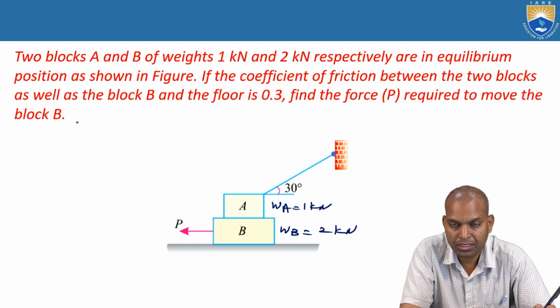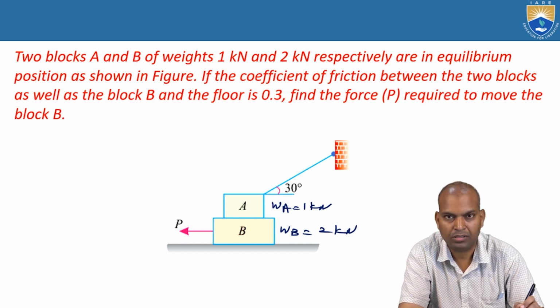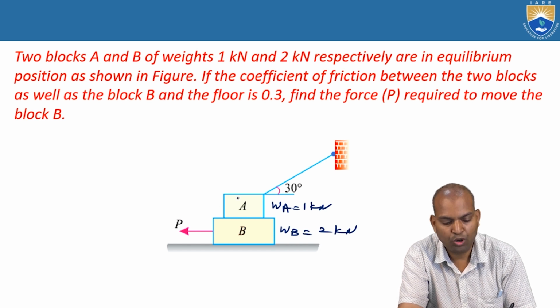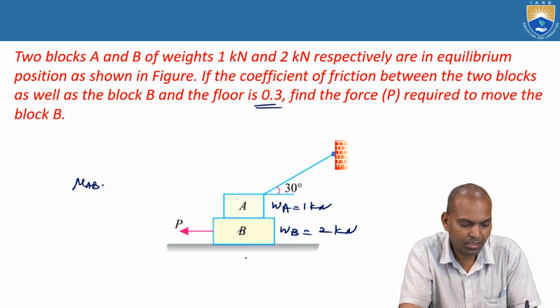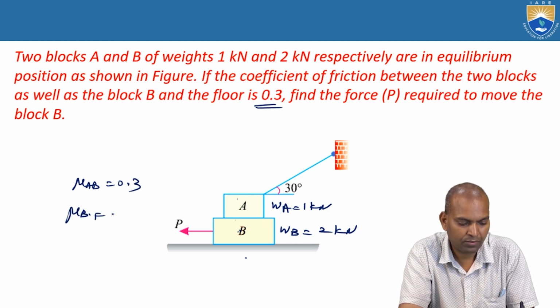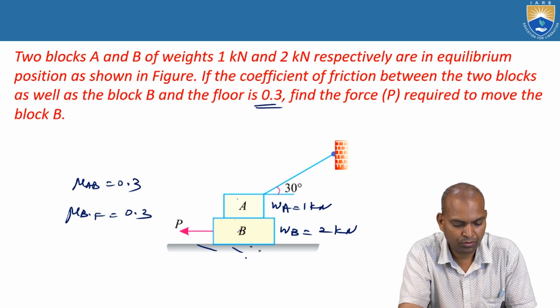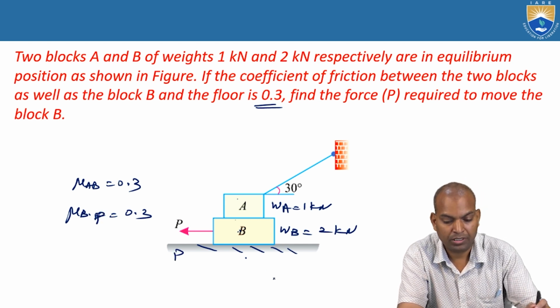The coefficient of friction between the two blocks, A and B, as well as between block B and the floor, remains the same, 0.3. So mu AB equals 0.3 and mu B-floor equals 0.3, with the floor a horizontal plane.